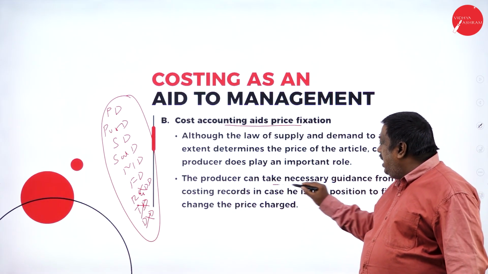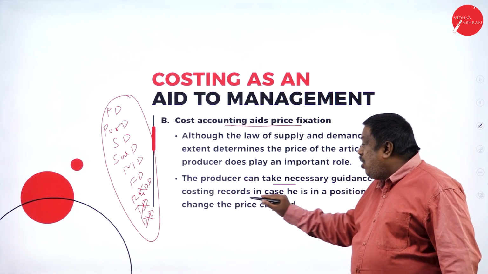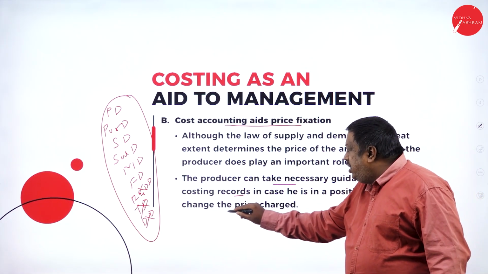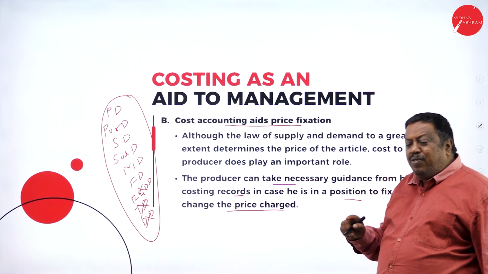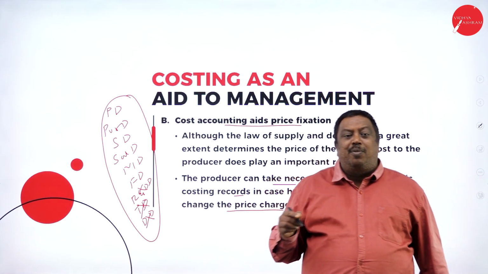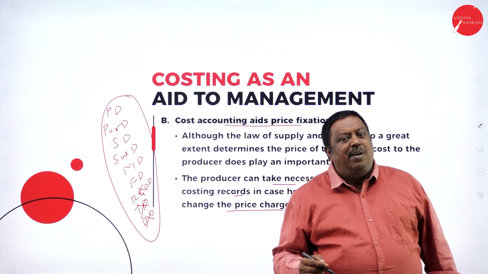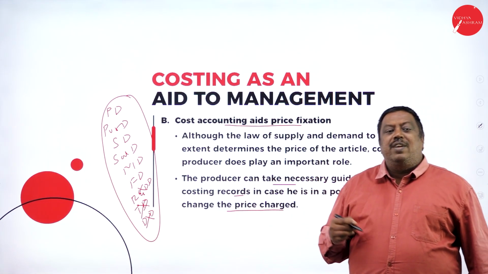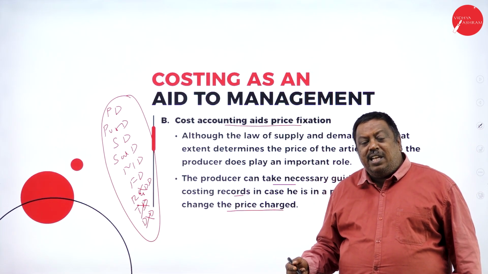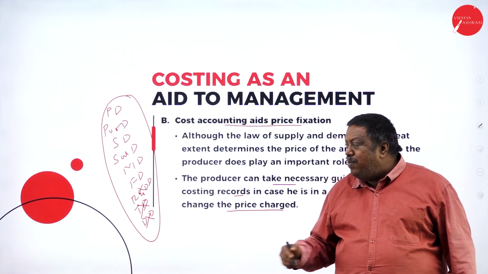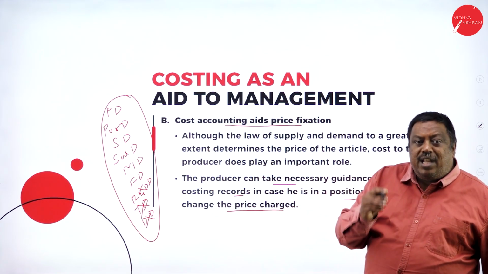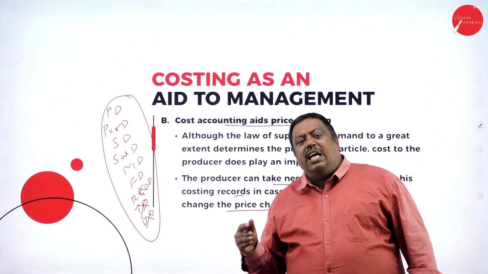The producer can take necessary guidance from his costing records in case he is in a position to fix or change the price charged. So if you have forgotten to take the cost accountants' information in a proper way, take guidance properly and check again which costs should be taken into consideration and how much, how the cost should be taken from all the departments based on the involvement of time or other concepts.